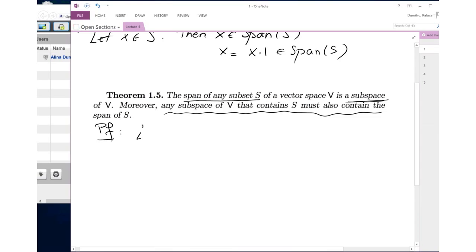So let's say W be a subspace of V such that it contains S. We want to show that it must contain the span of S as well.